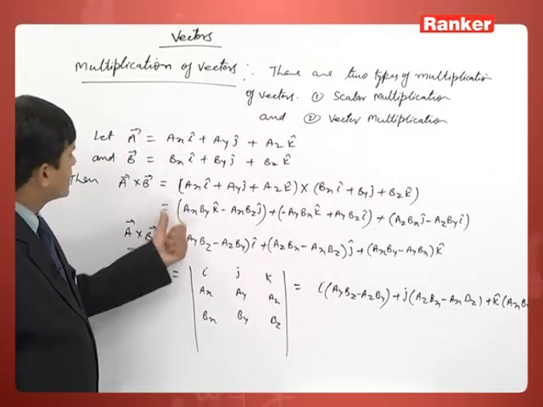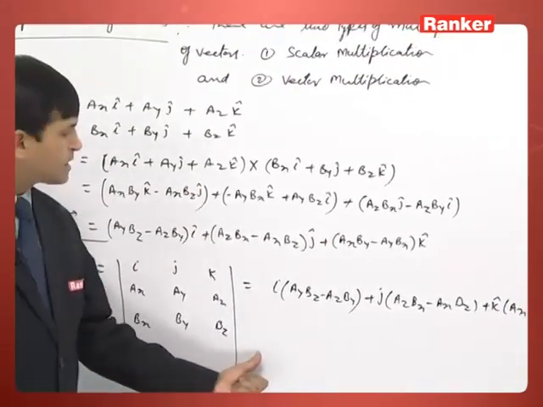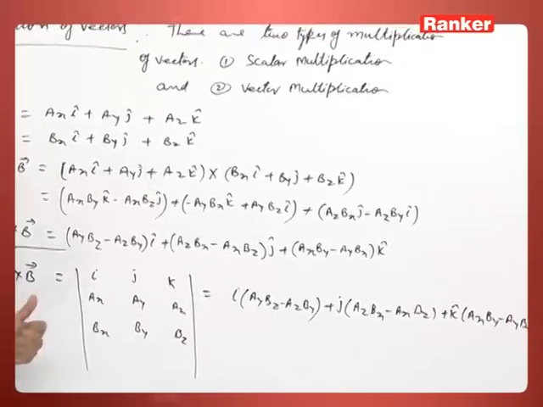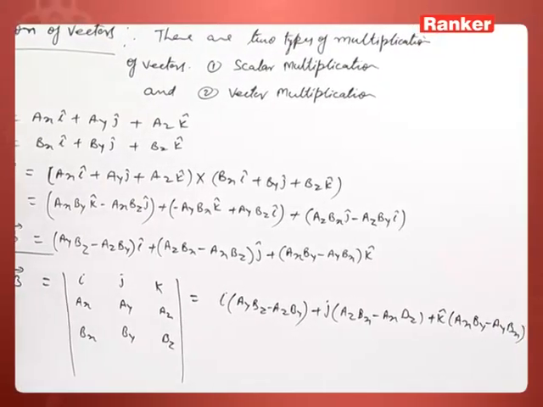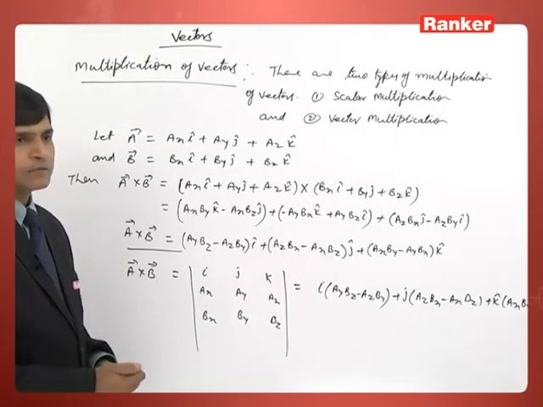So this is also one of the methods. For A cross B, either you can go with this or by using the determinant method we can determine the value of A cross B. So see one or two examples based on the vector cross product.